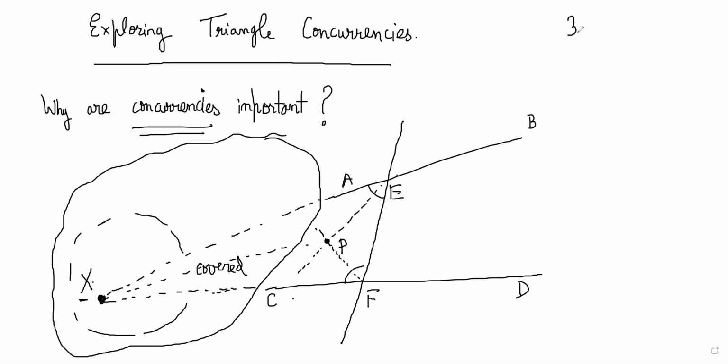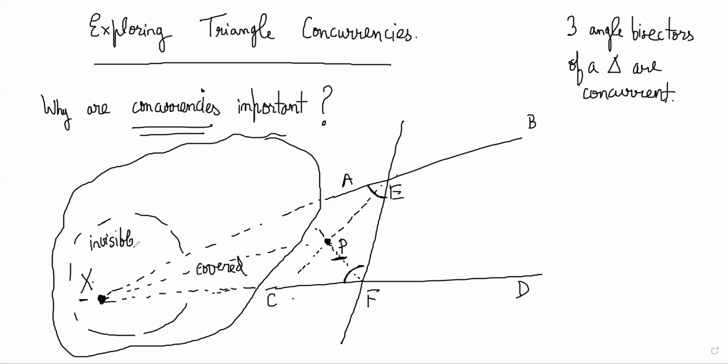We know that the three angle bisectors of a triangle are concurrent. Because they are concurrent, when you find the point of intersection of two known angle bisectors, the third angle bisector will also pass through it. So we found one point P which lies on the angle bisector of this invisible angle.